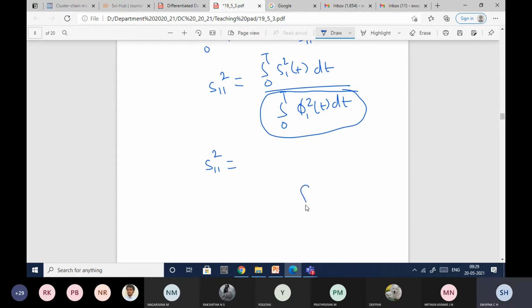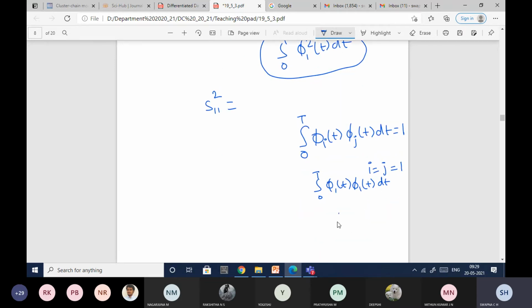According to the orthonormal basis function condition, the integral of phi i of t into phi j of t dt is equal to 1 when i is equal to j. Here i is equal to j is equal to 1, so it is integral 0 to t phi1 square of t dt, which will be equal to 1.